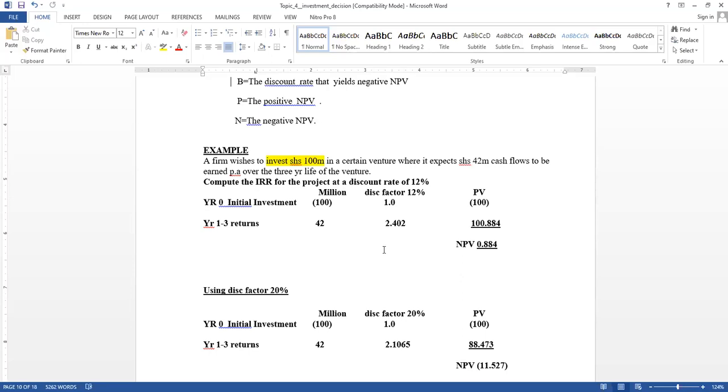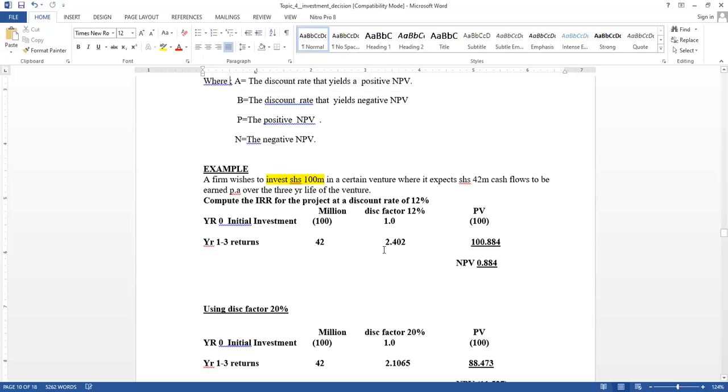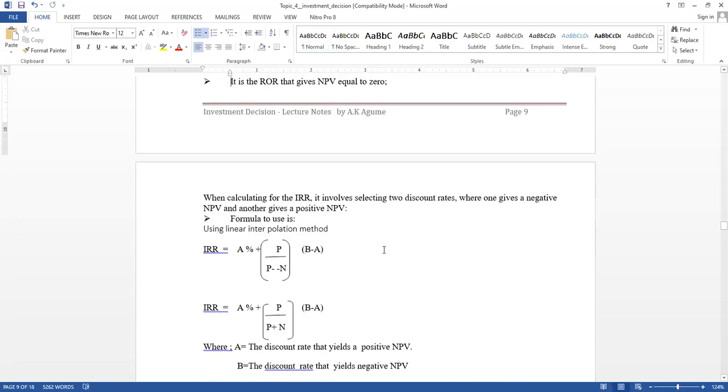Assuming somebody had used the 25, still you will get the same IRR, as long as you have a positive and negative NPV, and as I said, you use the linear interpolation, so you still get the same internal rate of return.